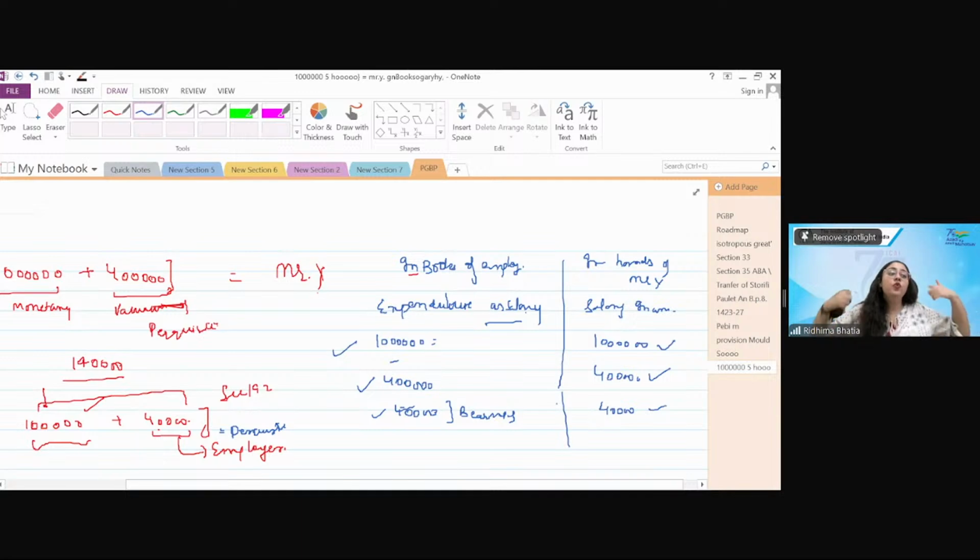But if we go on this loop of taxing the perquisite again and again, the tax on the perquisite will rise again and again. If I increase the perquisite value by the tax amount which I am bearing, again the tax would rise, and this procedure will go on and on.